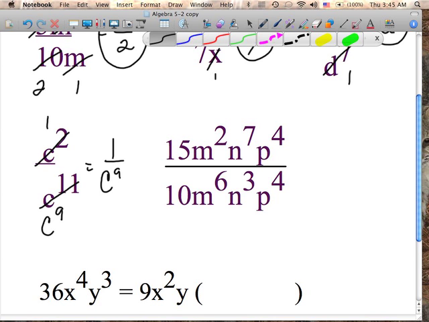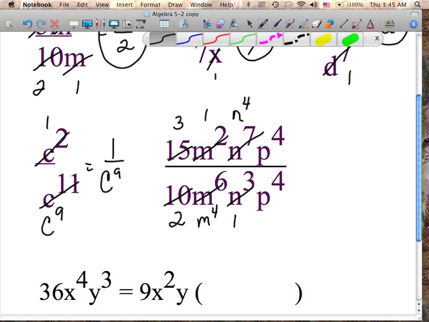So the next example, to start canceling each part, 5 goes into 10 twice and 5 goes into 15 3 times. I can cancel out 2 m's on the top and 2 on the bottom, leaving me 4 on the bottom. I can cancel out 3 n's on the bottom and 3 n's on the top, leaving me n to the 4th.